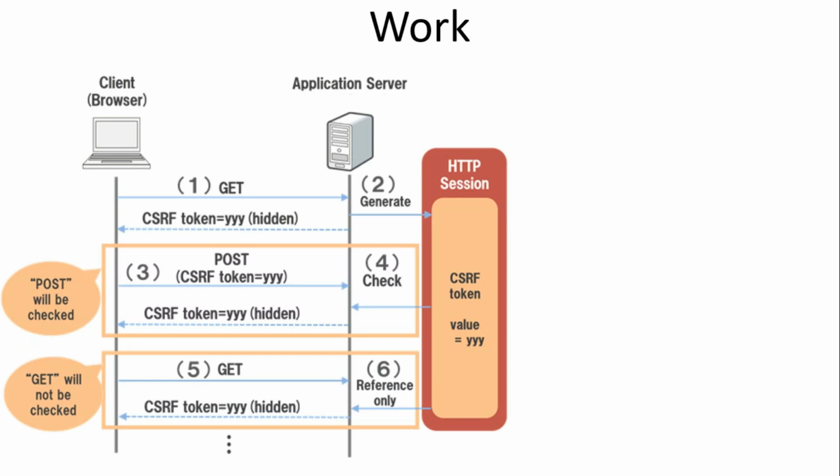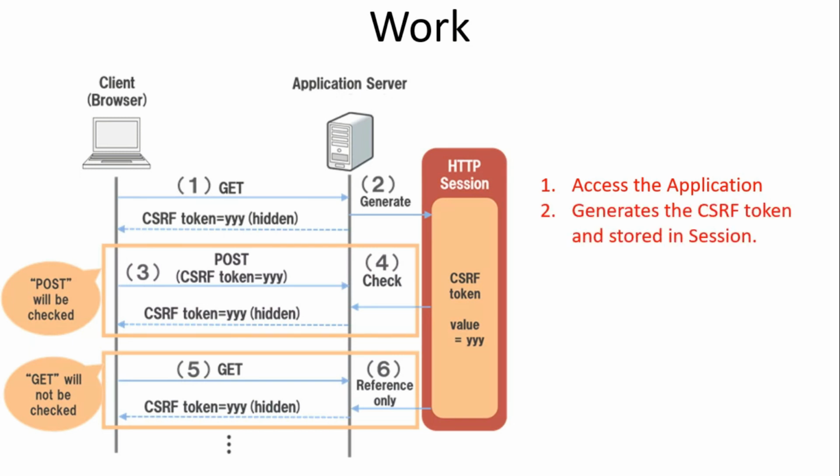Now let's understand how the CSRF token works. So first of all, the client accesses the application using the HTTP GET method. Second, generate a CSRF token and store it in the HTTP session value. The generated CSRF token links with the client using a hidden field of the HTML form. Third step, the client sends a request to the application server by clicking a button on the HTML form.